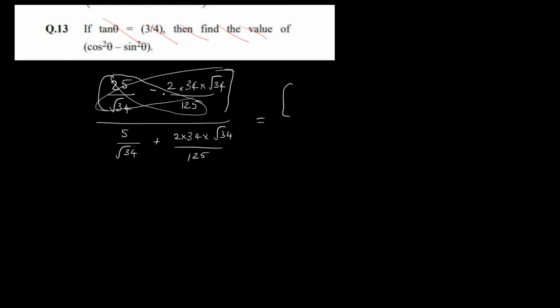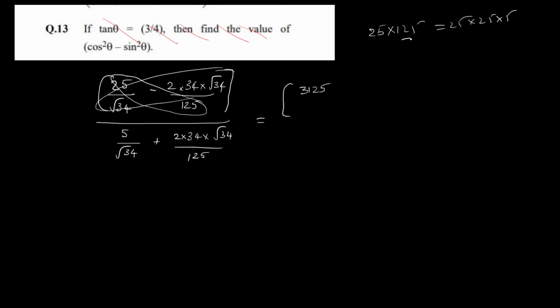So 25 into 125 will become 3125. I can write 25 into 125, or I can do it in a very smart way.